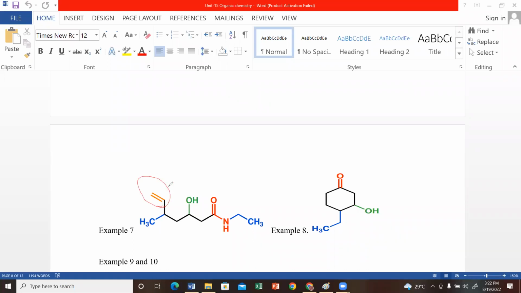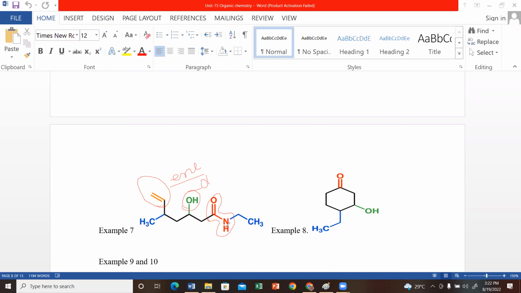The first functional group we discussed is the double bond, ene. The first functional group, ene, is present. Then I would look for the heteroatoms. How many heteroatoms are there? This one is a heteroatom, the OH group, and we discussed that OH group is ol or alcohol. This whole group is a heteroatom group.